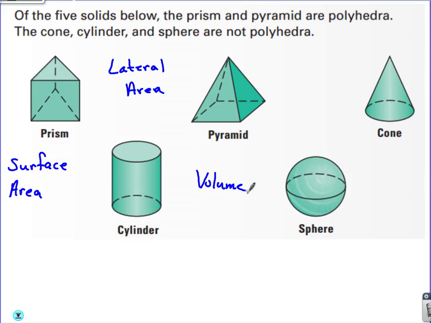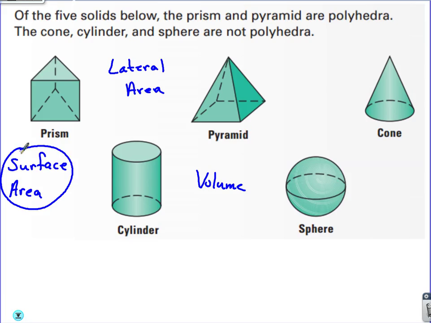Let's say that you've got a prism, like you've got here. You've got a prism, and what you want to do is you actually want to cover that prism with paint, or you want to cover that prism with carpet for some reason. Wrapping a prism would be a good example. If you want to wrap something, you want to put some sort of surface all over this, that is a surface area.